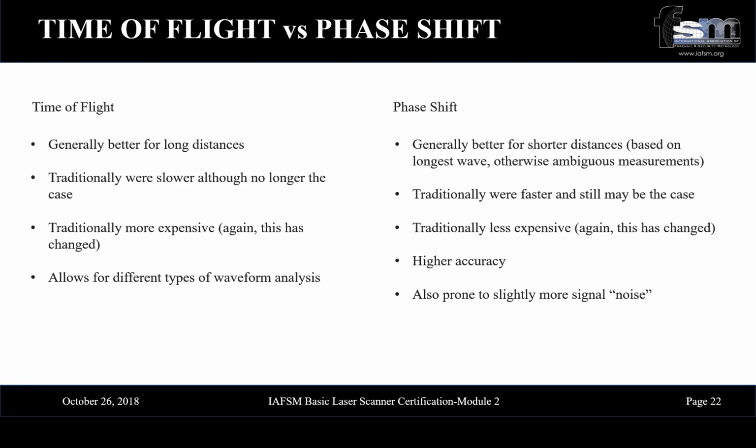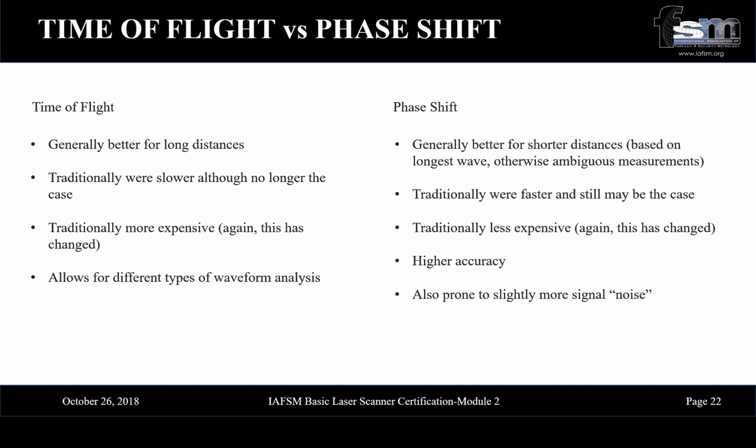Now, phase shift is generally better for shorter distances, and some of the most accurate scanners in the world today are phase shift. So the Surphaser, which is a highly accurate instrument, is a phase-based instrument. Traditionally, phase-based scanners are faster, and I think this is still true today. The scanning rates are very high, millions of points per second.